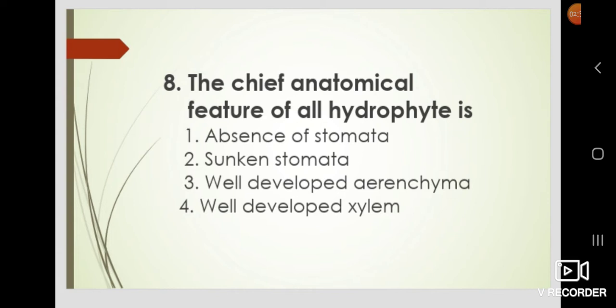Question number 8. The chief anatomical feature of all hydrophyte is. Right answer is well developed parenchyma, that is third one. The chief anatomical feature of all hydrophyte is well developed parenchyma.